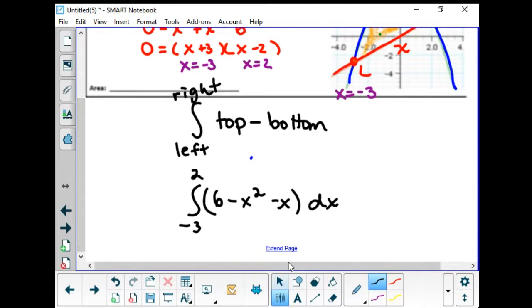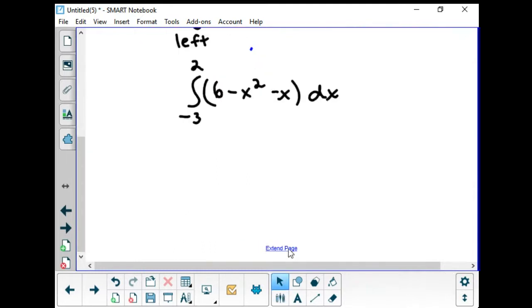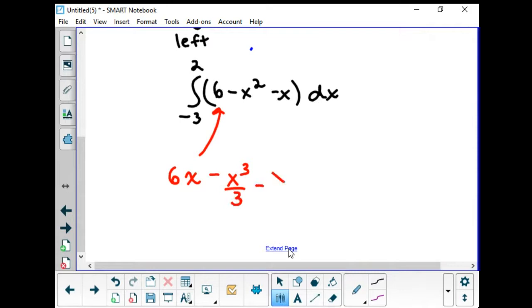That's what we practiced last week, when we talked about our antiderivatives. So 6x minus x cubed over 3 minus x squared over 2, evaluated from negative 3 to 2.